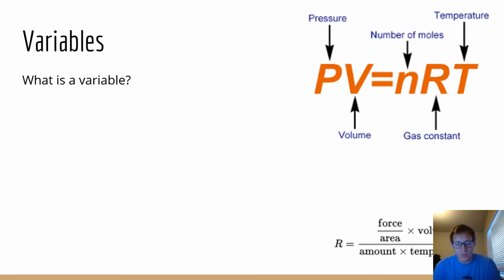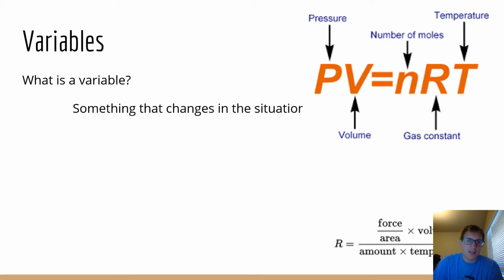So just a reminder, what is a variable? It is something that can change in any situation. In a particular situation, I might have pressure going up and down, volume might be going up and down, anything that can change in our situation. And then we have the opposite. What is a constant?